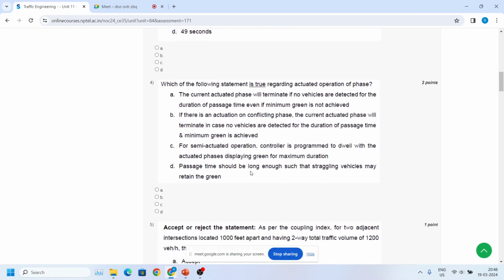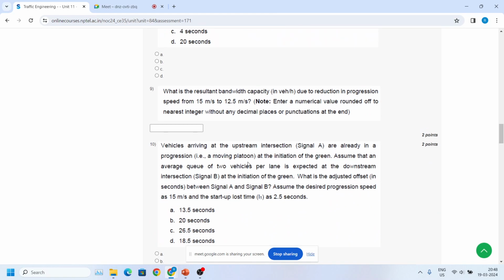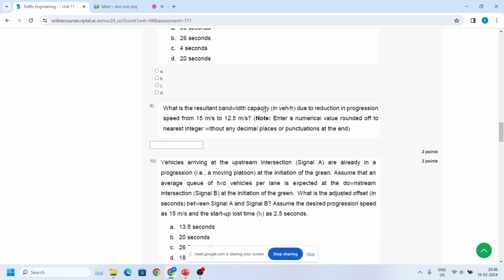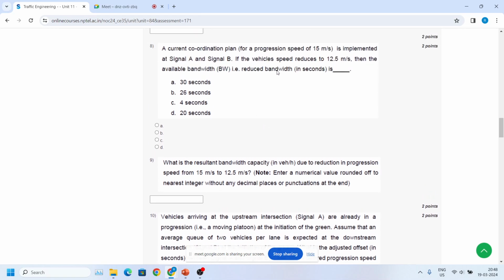We had a discussion on it. You find out the reduced bandwidth, or the available bandwidth, whatever it is, this VW, and plug it into the formula: VW by C multiplied by 3600 and divided by the headway. You also have to multiply it by the number of lanes. All the data are given. It's easy, you can get it.